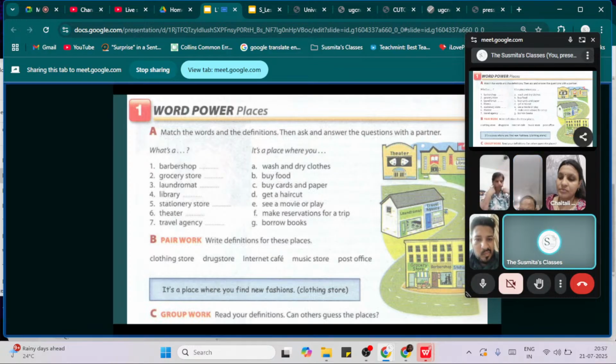Can't hear you clearly. Nope, cannot hear you. Chaitri ma'am, tell me the answer. What is a library? It is a place where you borrow books. Borrow books. Very good. Sheetal ma'am, what is a stationery store?